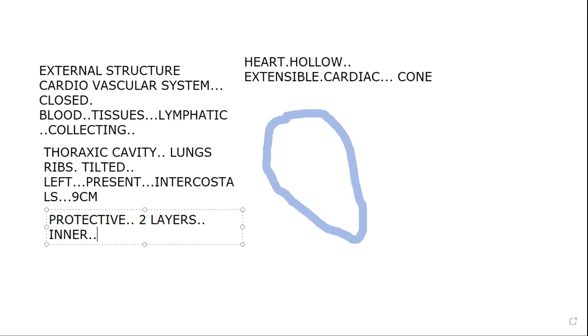Now a question can come: why is it that the outer layer of the pericardium is inelastic? The inelastic nature of the pericardium prevents the heart from being overstretched or overfilled with blood. Now let us see more. On the heart you can see small grooves, which are known as sulci.